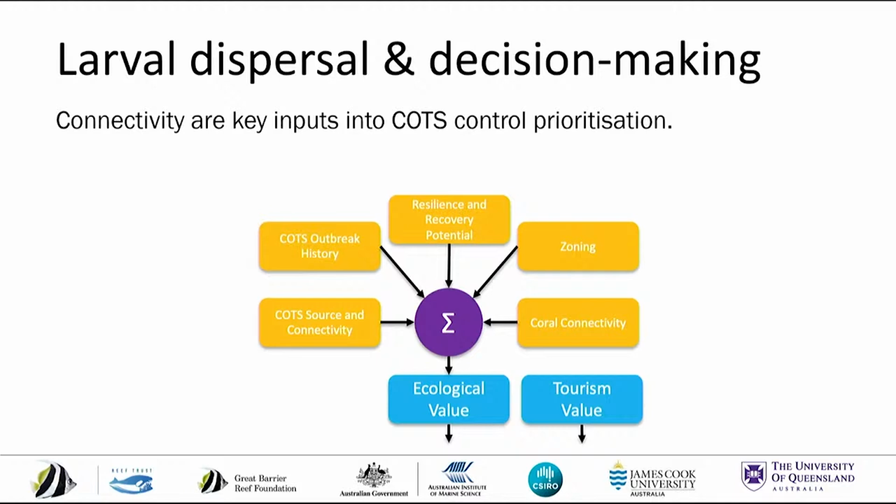That comes to a value that is the ecological value, and there's also a tourism value. If you've got any questions about exactly how it uses all of these inputs, you'll have to talk to Sam. But this is used to actually make a list.